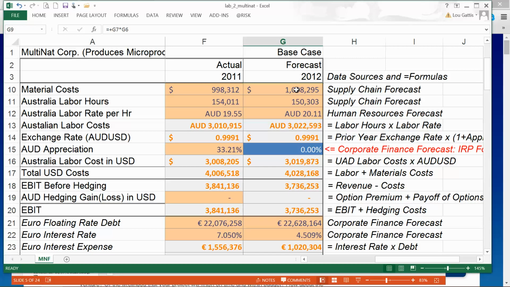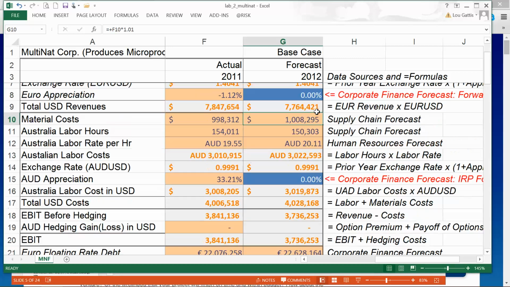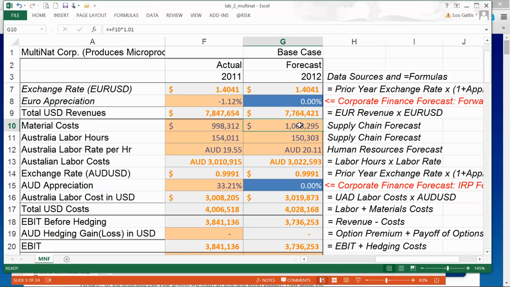We work with supply chain to forecast material cost. In this example, we have US dollar material cost, and then the production facility in Australia. Supply chain forecasts you'll need 150,000 hours of Australian labor, and the HR department says the average cost of that labor will be 20 Aussie dollars per hour.